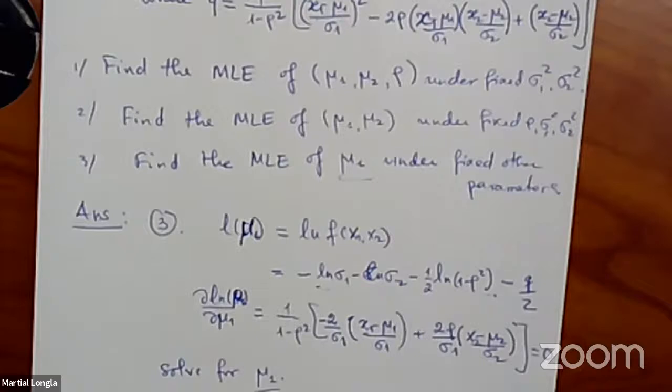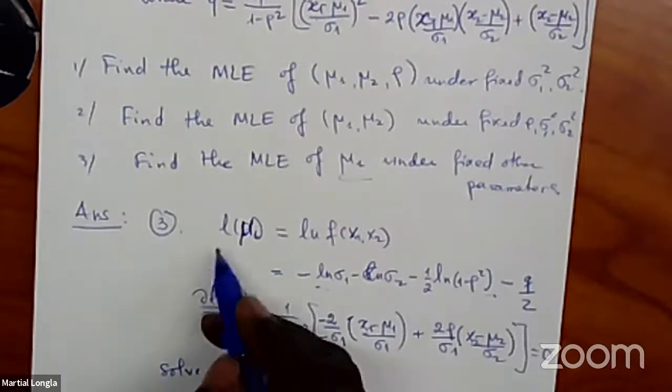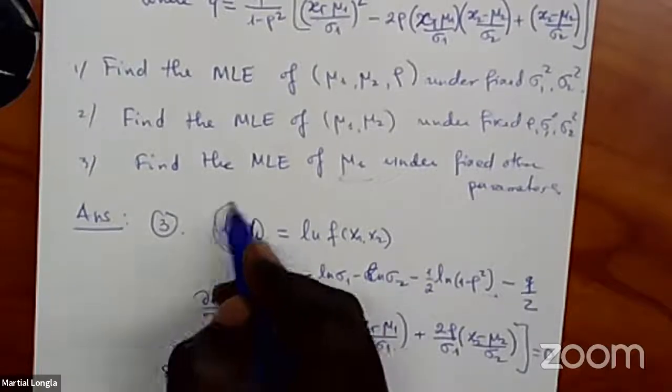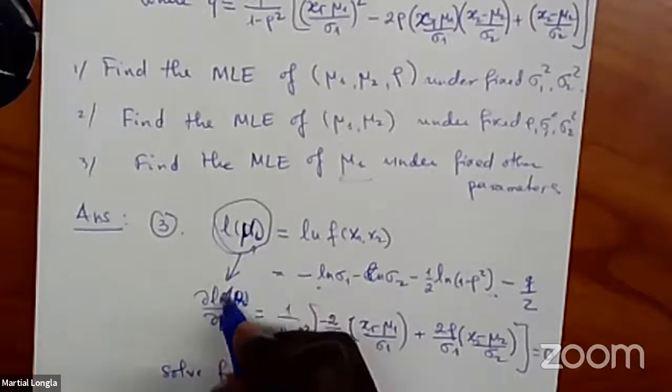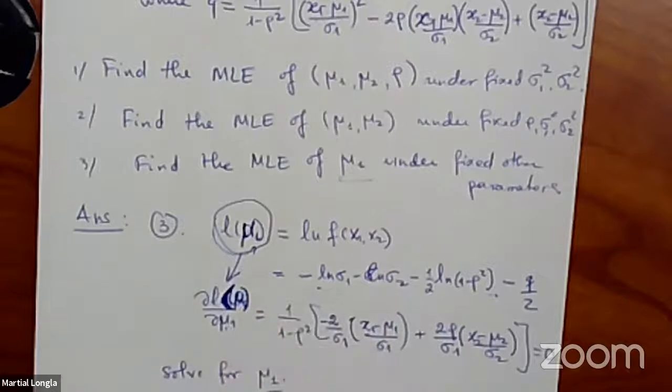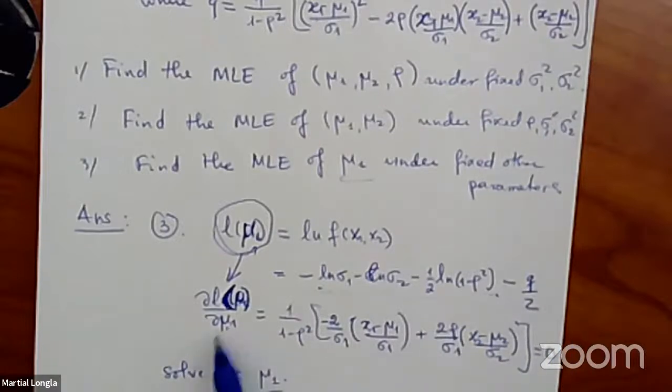Mu1. The same mu1 that is here. It's L of mu1. That function. We are taking the derivative of this function. So this is the function you're taking derivative of with respect to mu1.